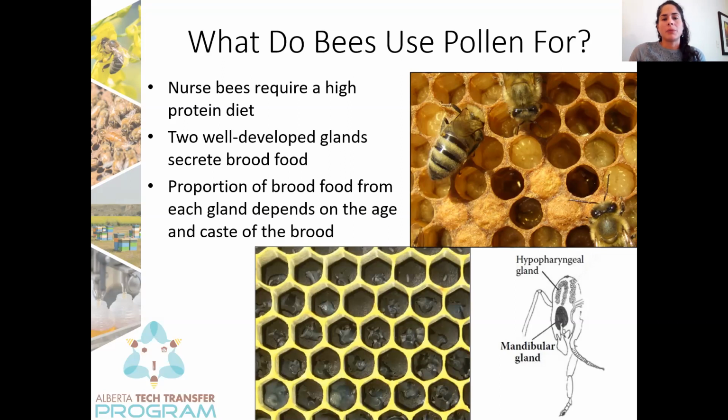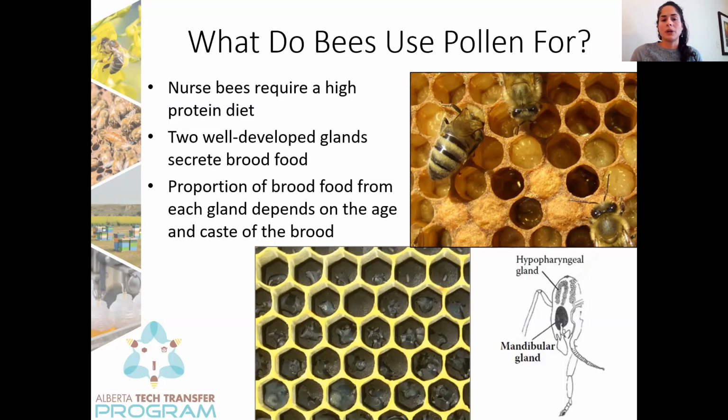And the proportion of the brood food from each gland, either the hypopharyngeal gland or the mandibular gland, depends on the age and the caste of the brood, which tells us that the bees can discriminate. They're able to tell the age of the larvae.